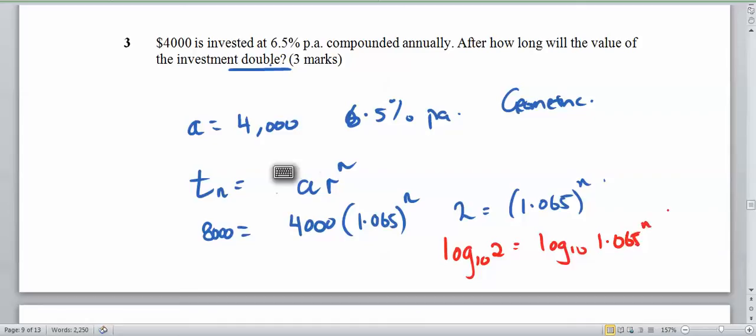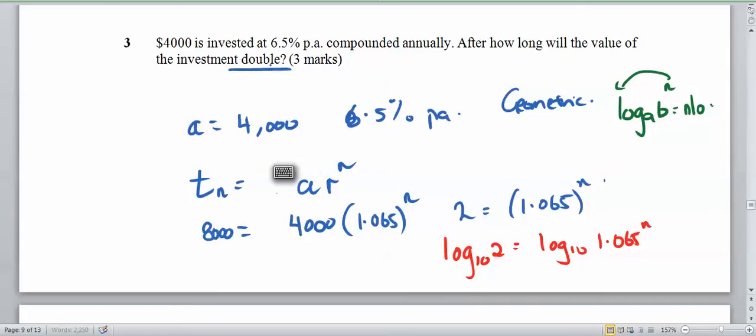And I know that you guys will cover this in methods later, but one of the log rules is that if we've got log to the base B of A to the power of N, then this N can go over here. These are equivalent.